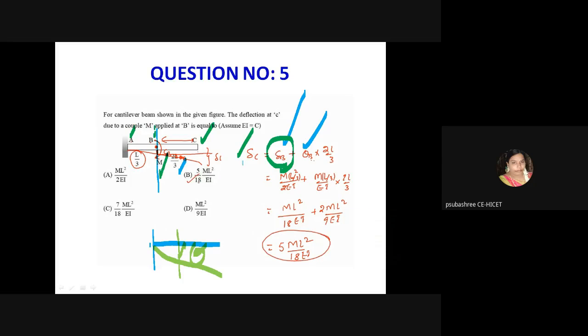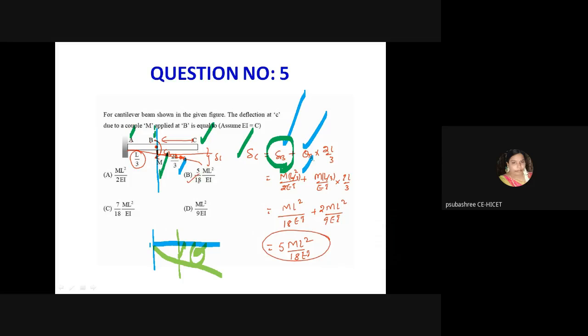So what is the formula for deflection at B? Here it is a fixed support. So M L square divided by 2EI. For the first span AB, L is equal to L by 3.